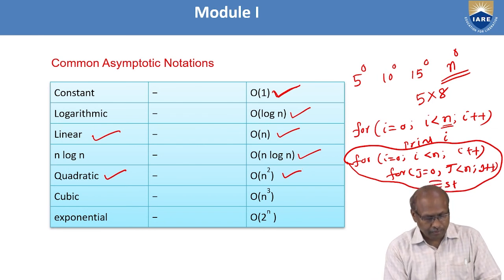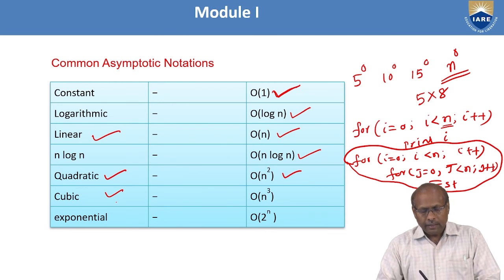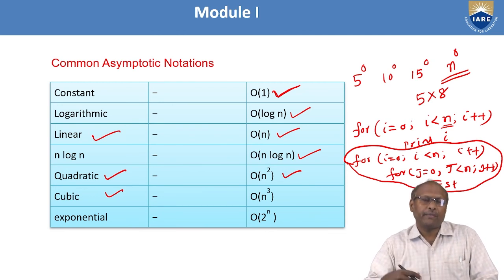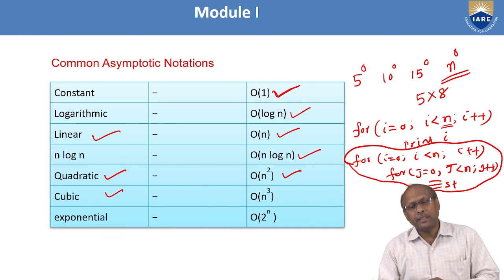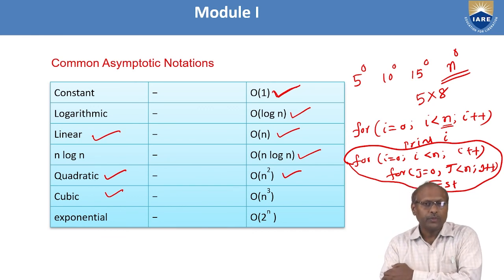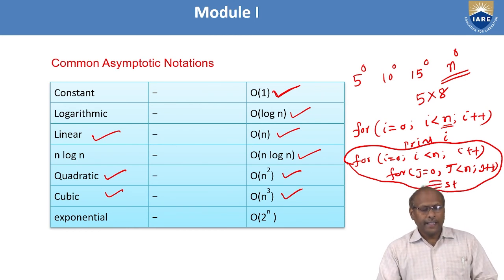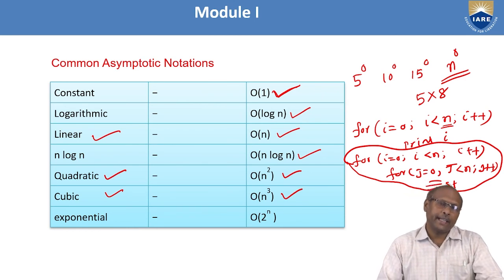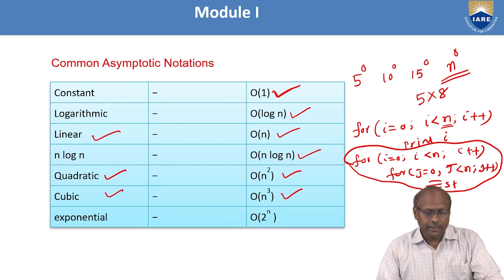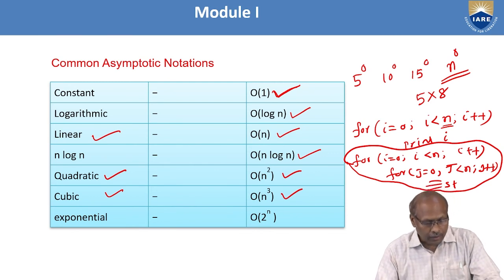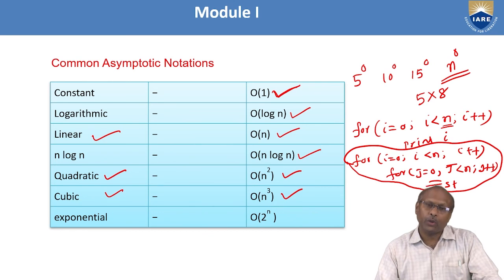Fine. Similarly, cubic. For example, you write a for within a for within a for, 3 for loops. That means n into n into n. That means n cube. So that is order of n cube. So while writing an algorithm, you must be very careful how much time it takes to solve the problem, and whether it is constant or logarithmic or linear with logarithmic or quadratic or cubic.